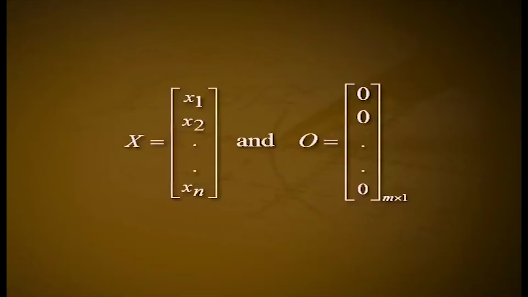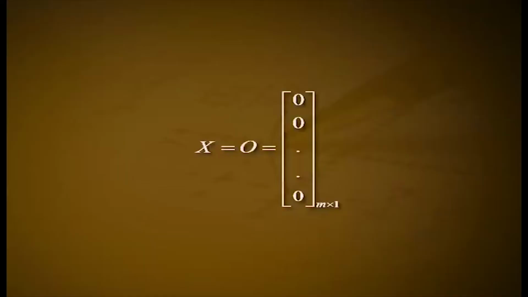X is equal to column matrix x1, x2, etc., xn and 0 is equal to column matrix 0, 0, etc., 0, m by 1. A, x, 0 are m by n, n by 1, m by 1 matrices respectively over the field of real numbers.